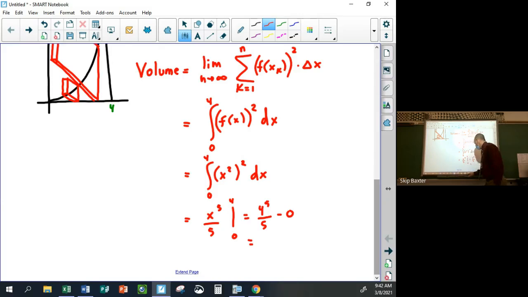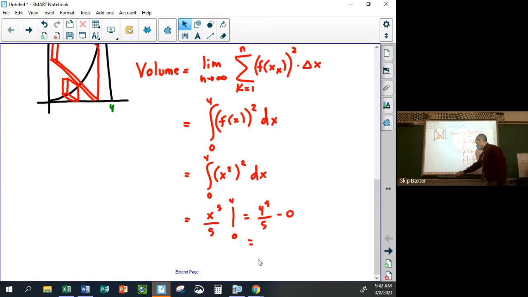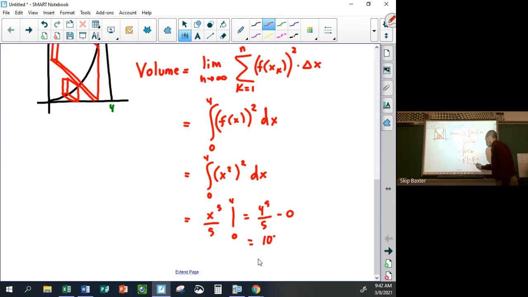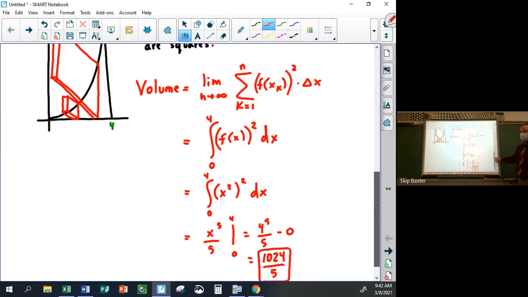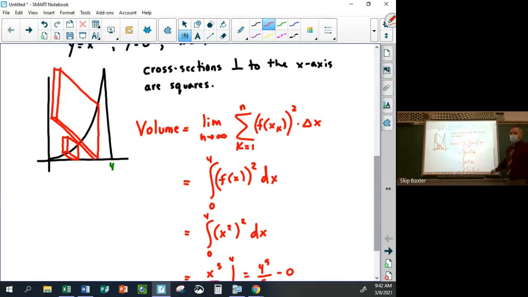Whatever that is, let's do it, why not? So 4 to the 5th is 1024. So this is 1024 fifths. That's the exact volume of that weird, sort of cone-shaped 3D solid that we created.